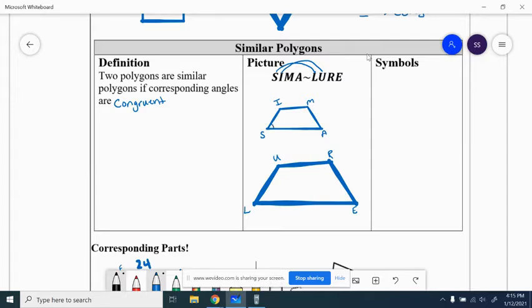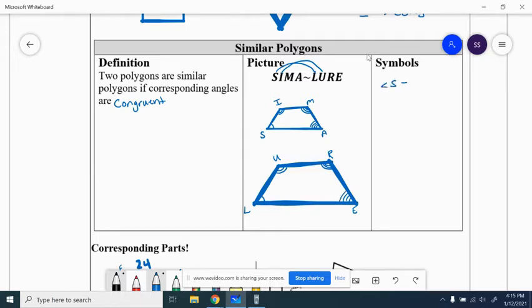So angle S is congruent with angle L, angle U is congruent with angle I, angle M, there you go, 1, 2, 3, is congruent with angle R, and last one, angle A, 1, 2, 3, 4, is congruent with angle E. Okay, we could also write that out.